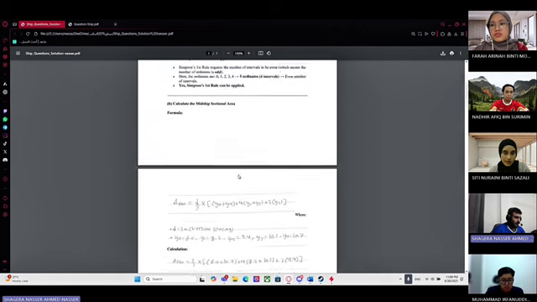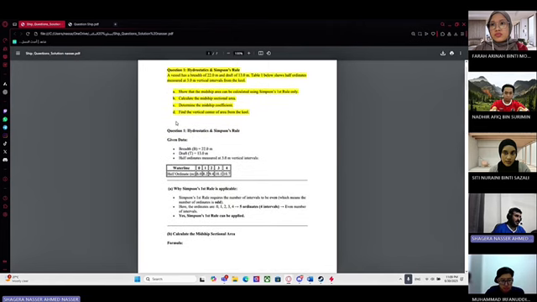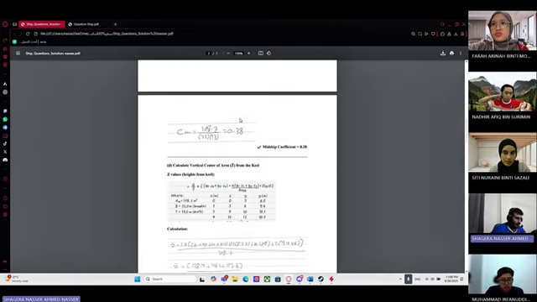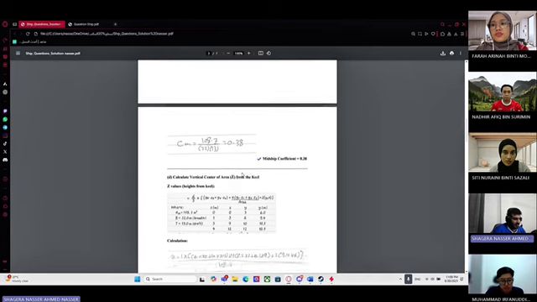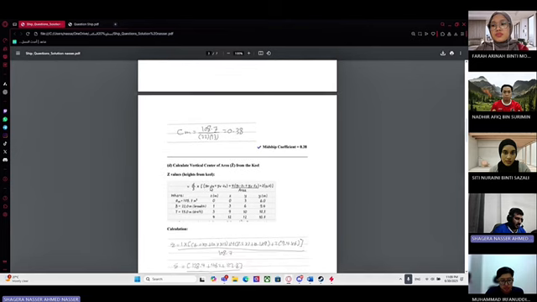For the last part of question 1, D, determine the vertical center of area from the keel. This is the Z formula we use. It is similar to the previous one, but we divide the whole equation by the area.